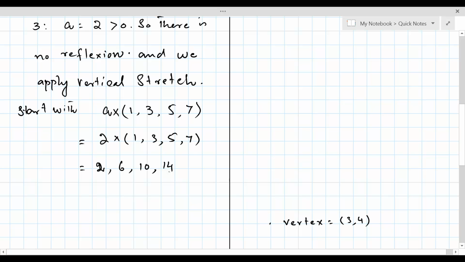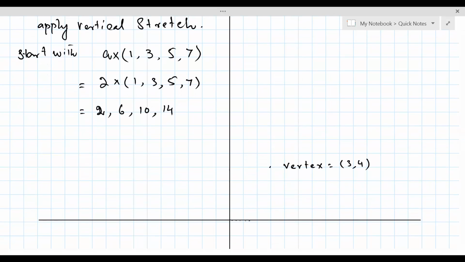And now we go like this. We start from the vertex and go 1 unit toward the right and 2 units upward. We end up here.